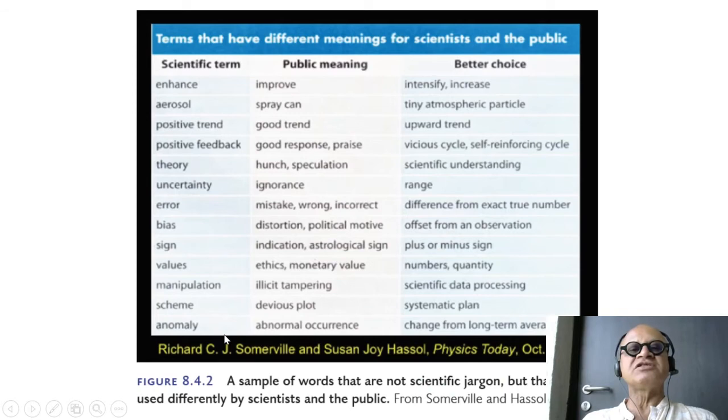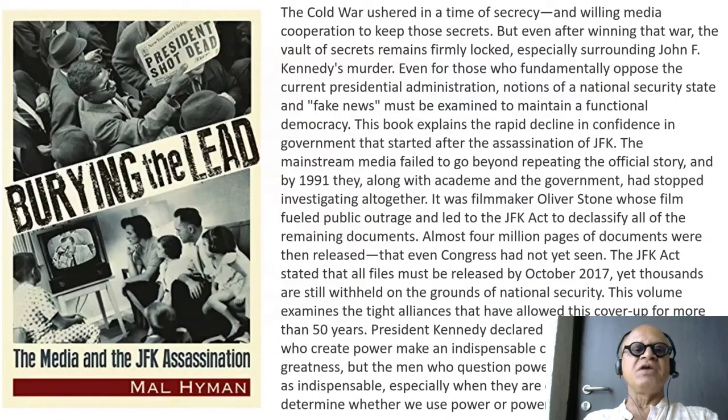Anomaly, we commonly say temperature anomaly, snowfall anomaly, rainfall anomaly, and so on and so forth, but that may mean abnormal occurrence for the public, where we might say change from long-term average. So when I talked about global warming from the industrial revolution, I said change from the baseline. Okay, so you have to be careful about those words that we think are obvious, but maybe that's not obvious.